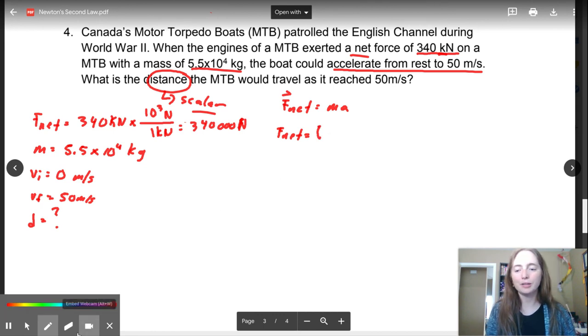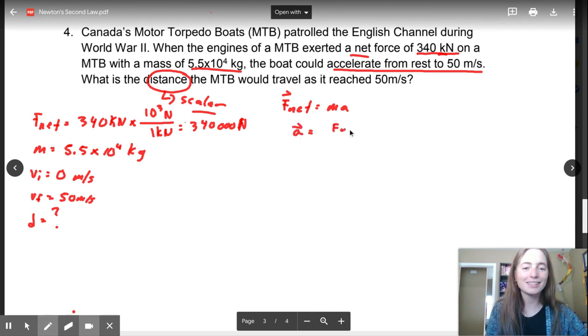Well, we want our acceleration, so we're going to use the rearranged version of that equation. So acceleration is equal to F net over mass. And our F net is 3.4 times 10 to the power of 5 newtons.